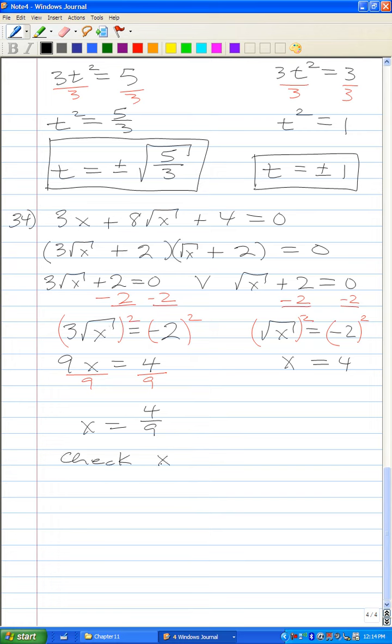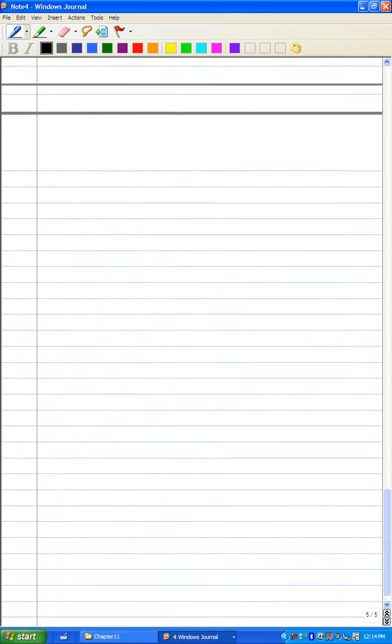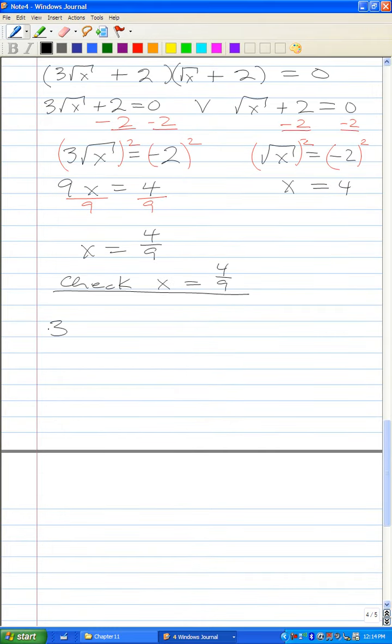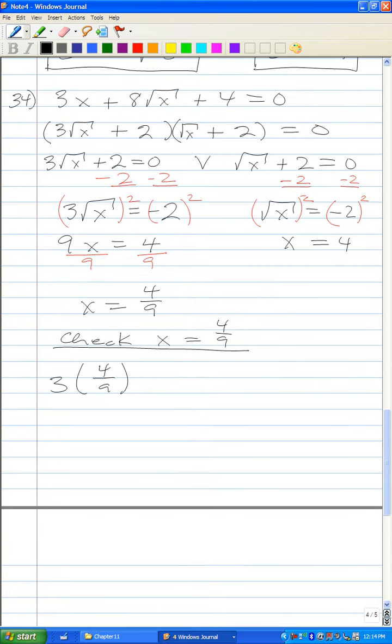Let's check x equals 4 over 9 in the original equation. 3x plus 8 radical x plus 4 equal to 0. The 3's cancel, so you get 4/3. The square root of 4 is 2. The square root of 9 is 3. Plus 4, is that equal to 0?